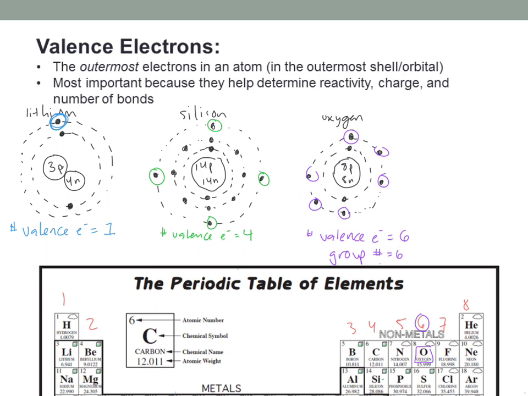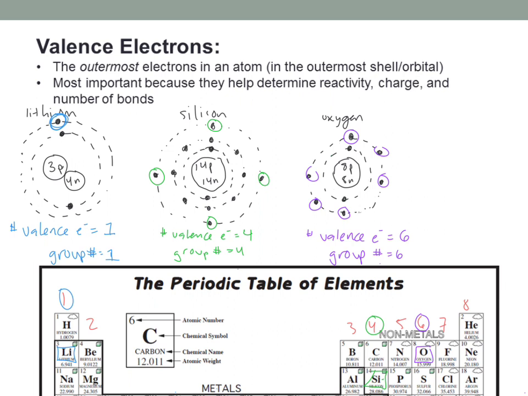If you look at silicon, which is right here, silicon is in group number 4, and that's the number of valence electrons it has. And lastly, this is not going to come as a shock to you, lithium, since it's all the way here in group 1, also has 1 valence electron. Group 1 things tend to have one valence electron. Its group number equals 1.